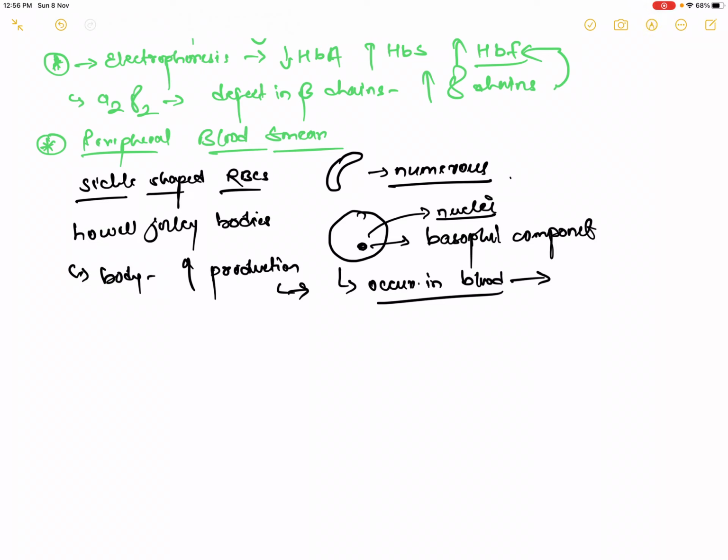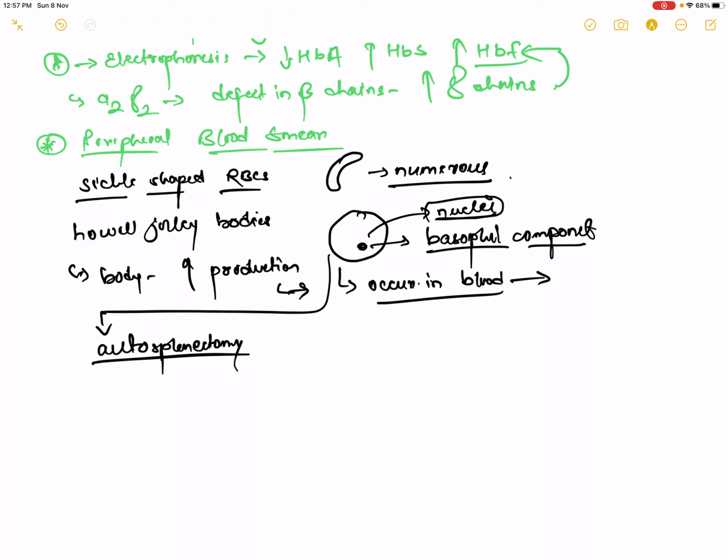Why? Because in sickle cell anemia, the spleen goes through autosplenectomy. When the body is trying to produce more, it forms some defective RBCs with a remnant of nuclei, the basophilic component, and with superimposed autosplenectomy, the spleen is non-functional. What happens when the spleen is non-functional? Usually these types of RBCs in other hemolytic anemias are destroyed.